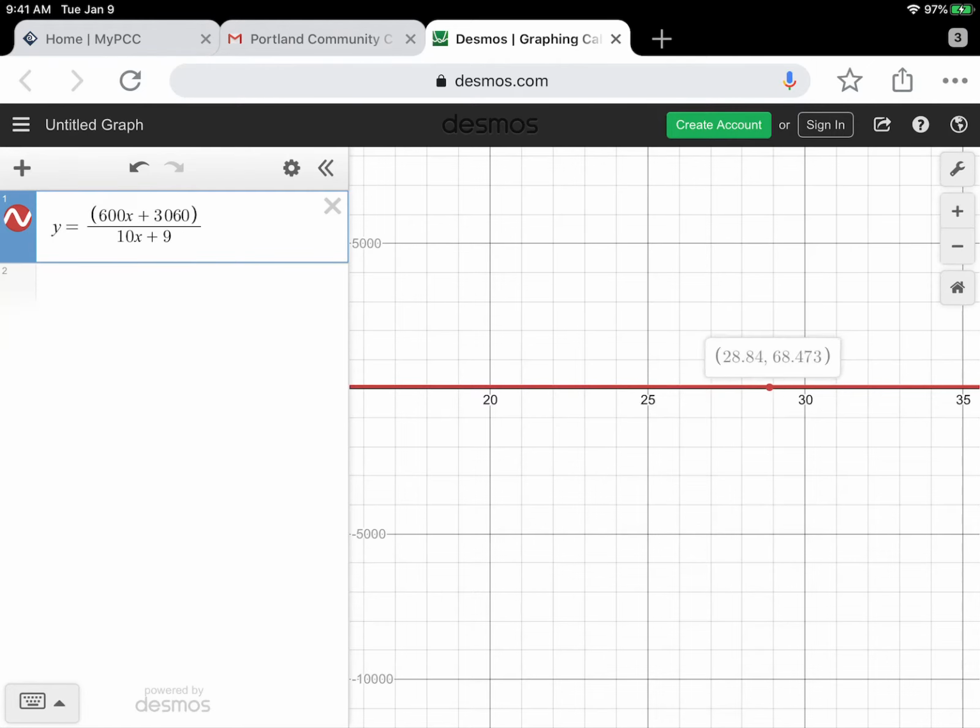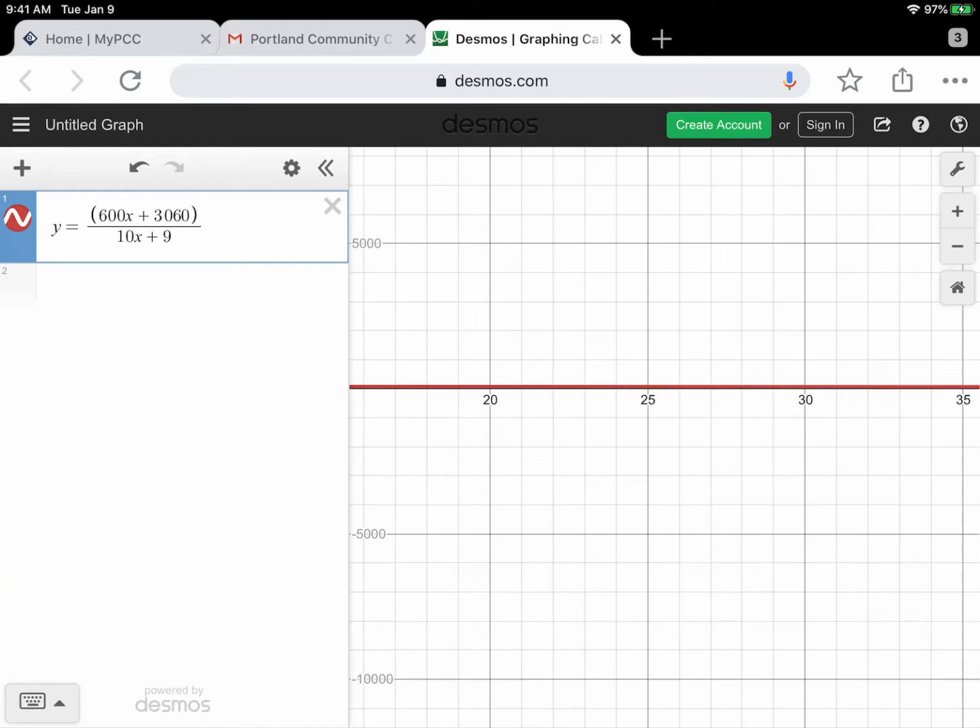And I could keep going. Let's see if I could get it perfectly. I'm just using my finger, or you would use your mouse. There it is. So it looks like that would be the number of deer for 28.